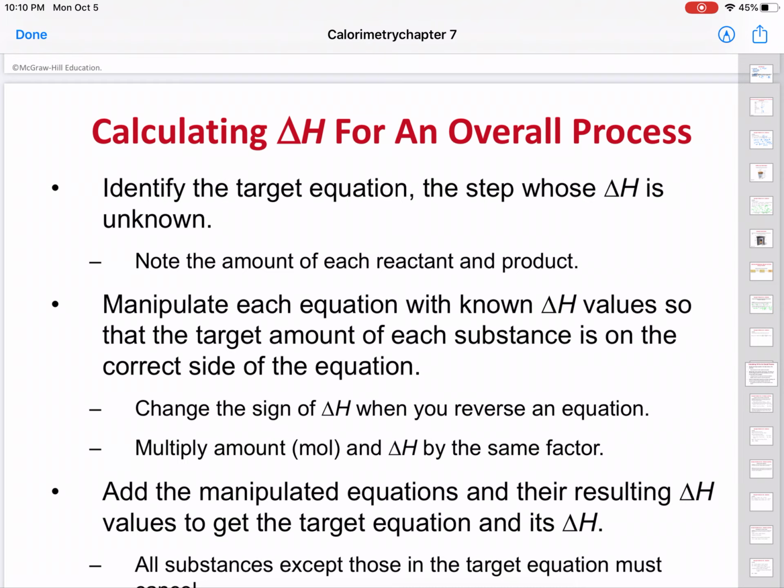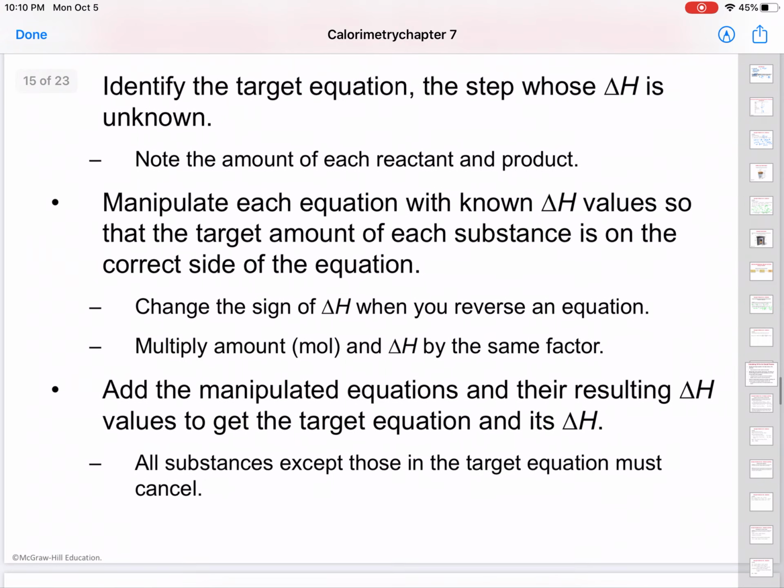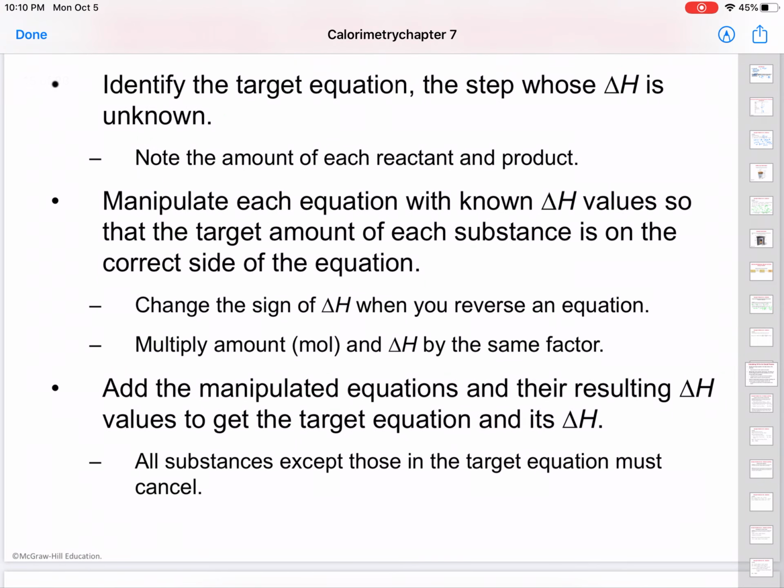And then the next step, manipulate each equation with known delta H values so that the target amount of each substance is on the correct side of the equation. So to get the final equation from several other steps, we want to make sure the reactants and the products are on the correct sides. I'll show you with the example that we're going to do.